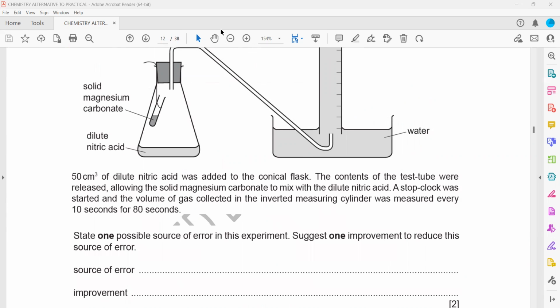So one source of error: a large measuring cylinder is used, or you can mention the use of a measuring cylinder to collect a gas. And how we can improve that: we can use a gas syringe, replacing the measuring cylinder with a gas syringe.